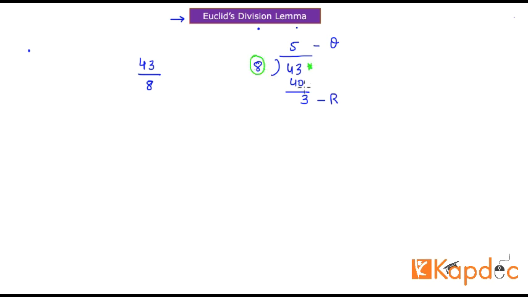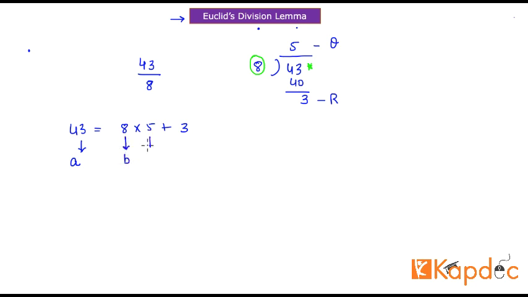If you were to make a relation between 43 and 8, you will say that 43, the dividend, could be written as 8 times 5 plus 3. Now take it one step further. Instead of keeping these as hard numbers, what if I replace them with general numbers? So 43 becomes a, and a could be any positive integer, and we say that b is 8.